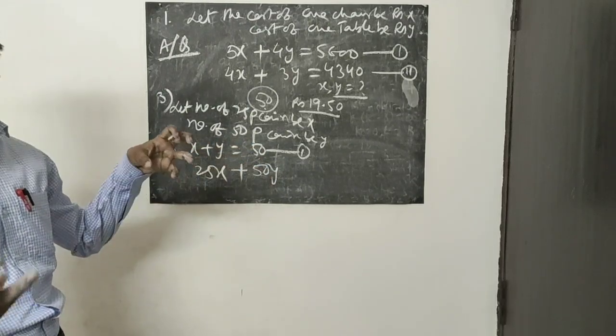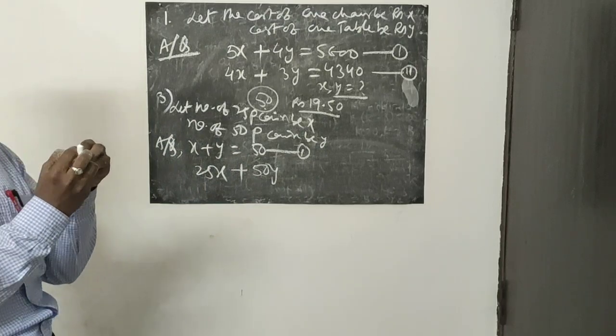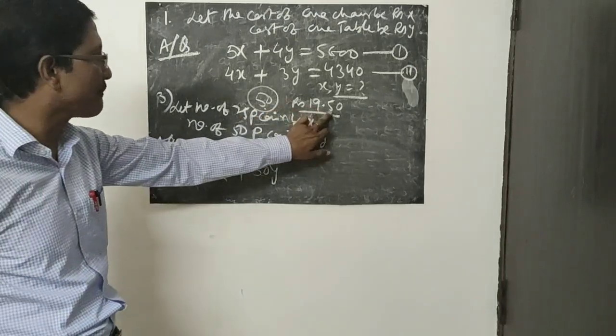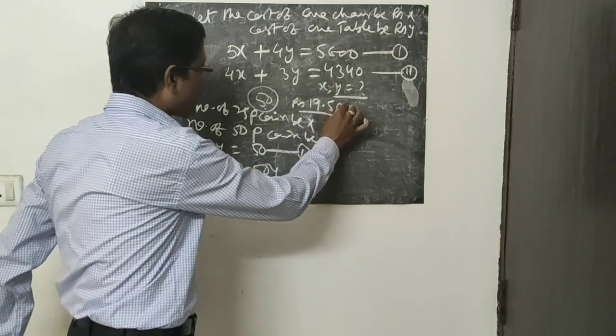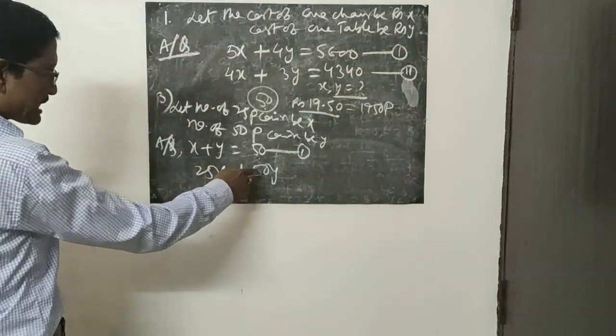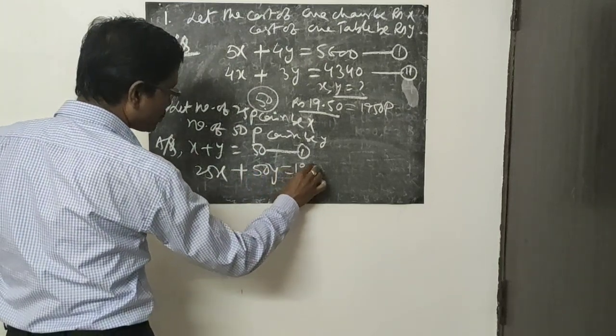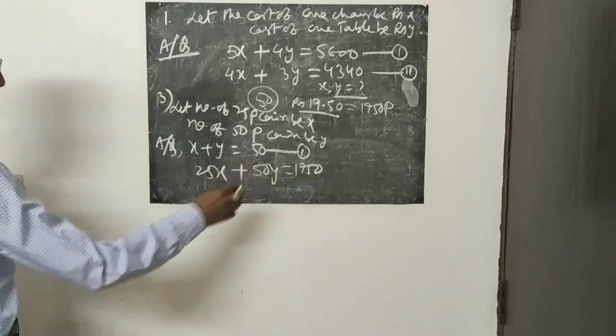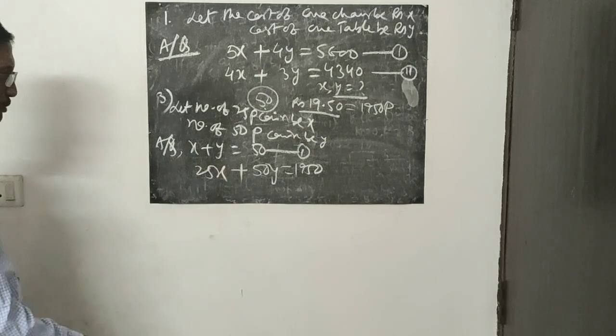You have to compare only with the same unit. So rupees 19.50 is 1950 paise, so it will be 1950. This is the second condition. This one you can do, or you can make it more simple also.